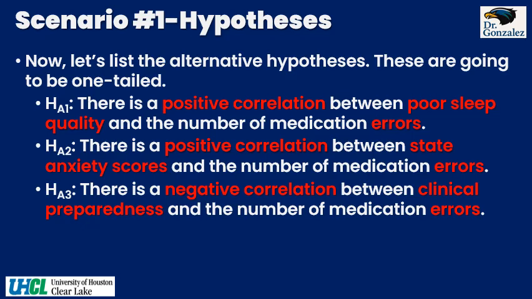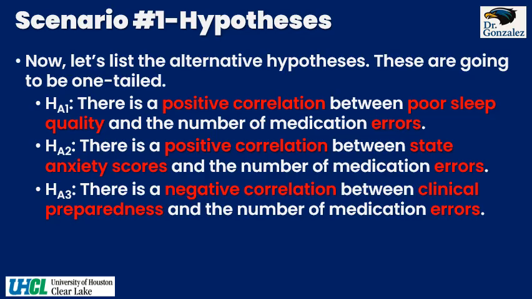The second hypothesis is that there is a positive correlation between state anxiety scores and the number of medication errors. Same thing. As your anxiety level increases, the number of medication errors you make would increase as well, according to this. And then the last one, there is a negative correlation between clinical preparedness and the number of medication errors.